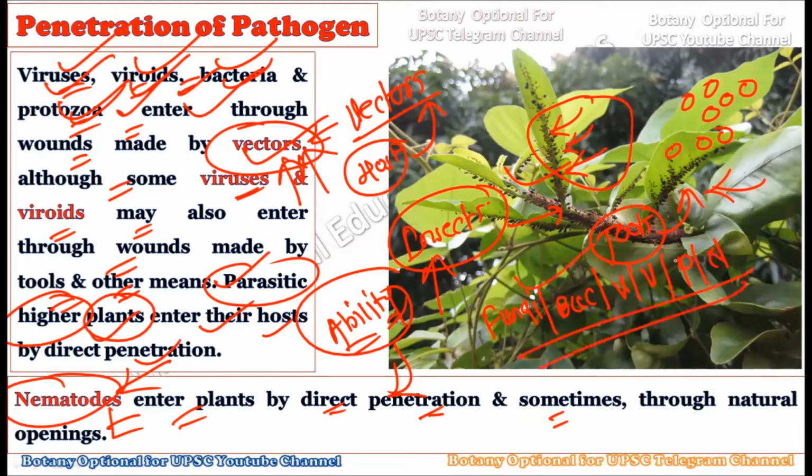All of these types of organisms you should consider while writing your answer, if the question is asked in a general way, that is, how the pathogen penetrates the plant body. There are basically three ways to enter the plant body, and which way is selected by the pathogen depends on which type of pathogen we are talking about. If you are talking about fungi and bacteria, they will take different routes. For viroids, viruses, protozoans or nematodes, there will be different mechanisms of infection.